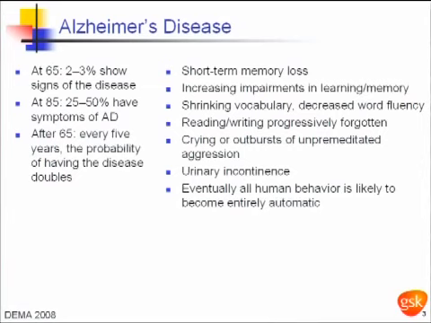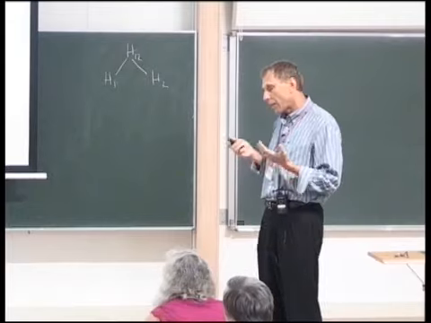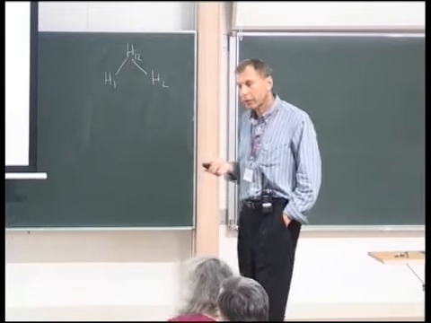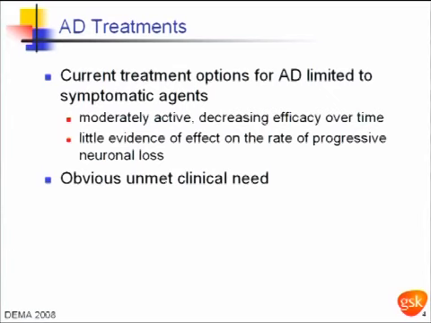And it's really very bad, and because of the aging population, there is a real need to find treatment for this particular disease. At the moment, you cannot cure the disease. At least at this stage, there is no cure. Current treatment treats some symptoms, but they don't really cure the disease.